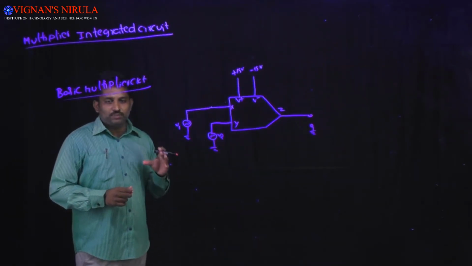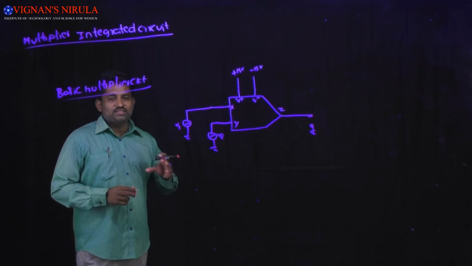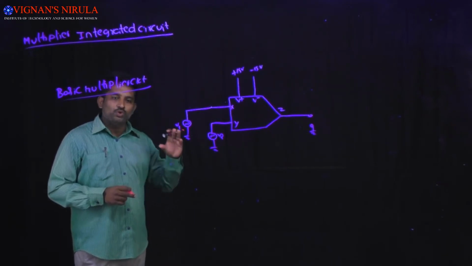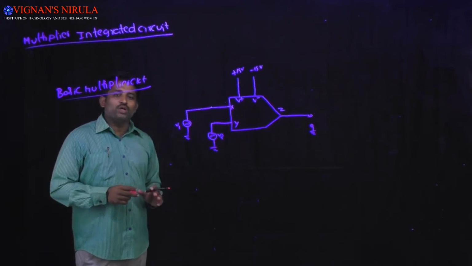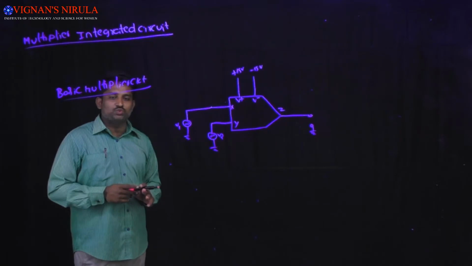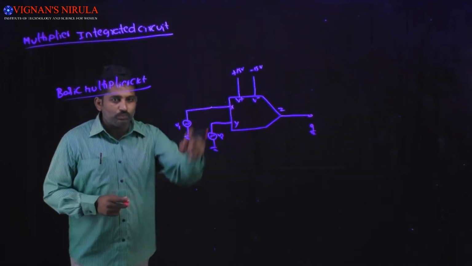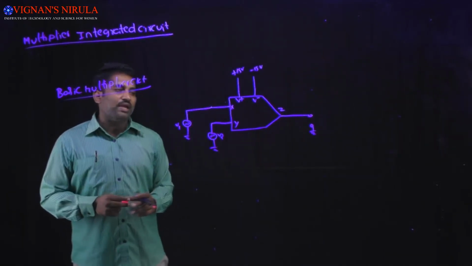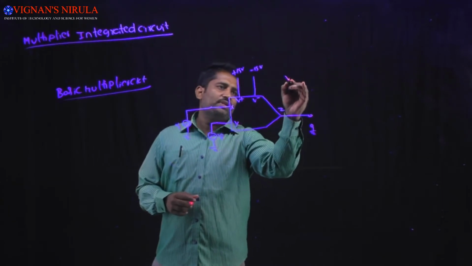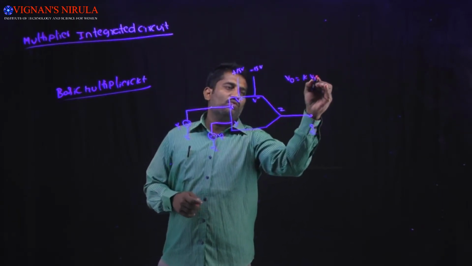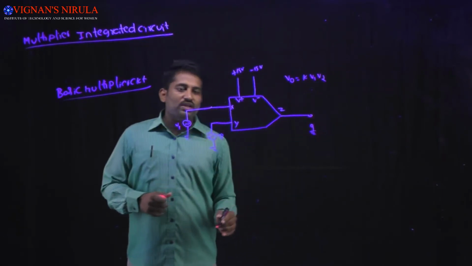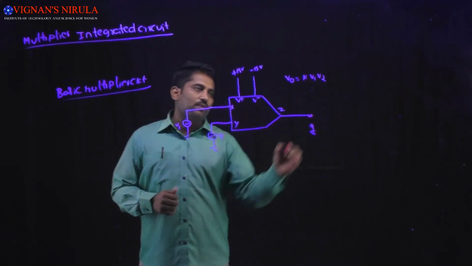Once again I am repeating the definition. The basic multiplier circuit is an active circuit which produces an output voltage which is the product of the two input voltages applied at its input terminals. Generally V0 is equal to K into V1 into V2, where K is the constant of proportionality.